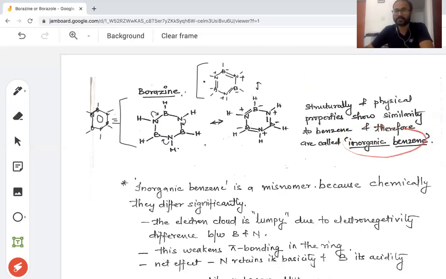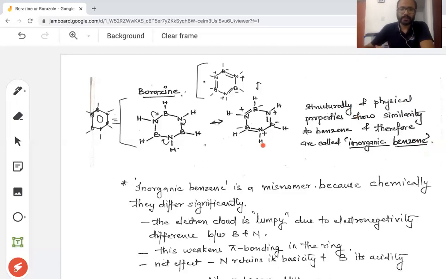This terminology has come purely from its structural and some physical similarity to the benzene system. Also, as I discussed when I was talking about boron nitride, they are isoelectronic to carbon compounds as well.